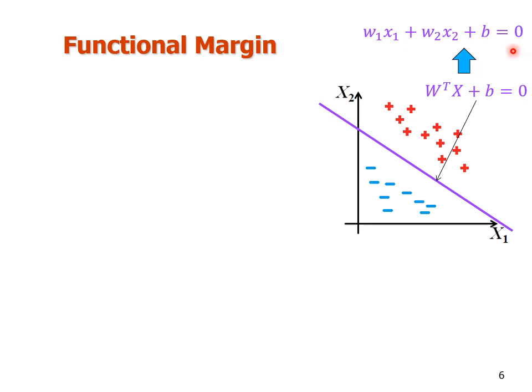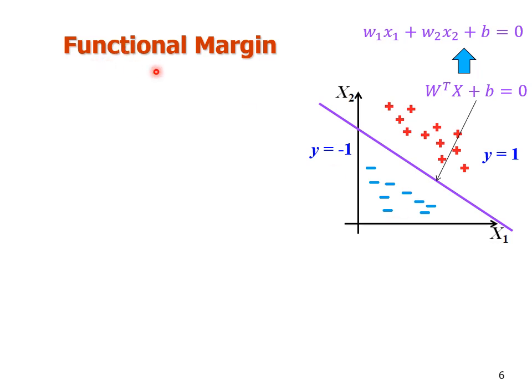So, this hyperplane is distinguishing our positive samples from the negative samples. Towards one side of the hyperplane we have class y equal to 1 and towards the other side of the hyperplane class y equal to -1. Now, with this background, let us try to define the functional margin.